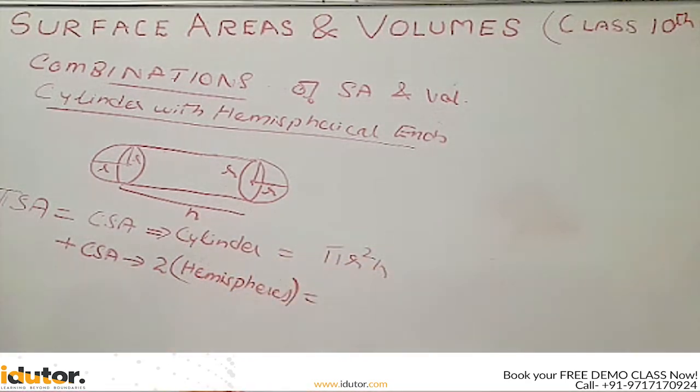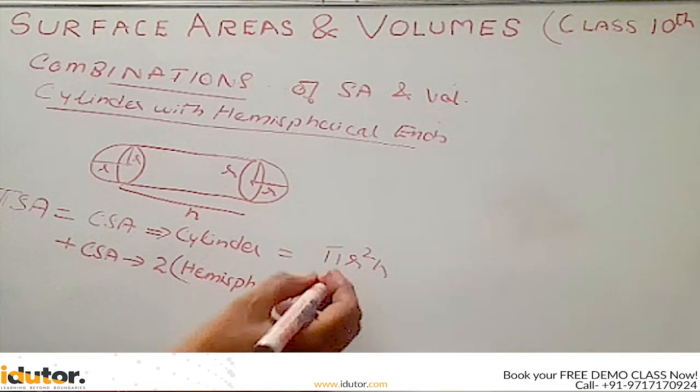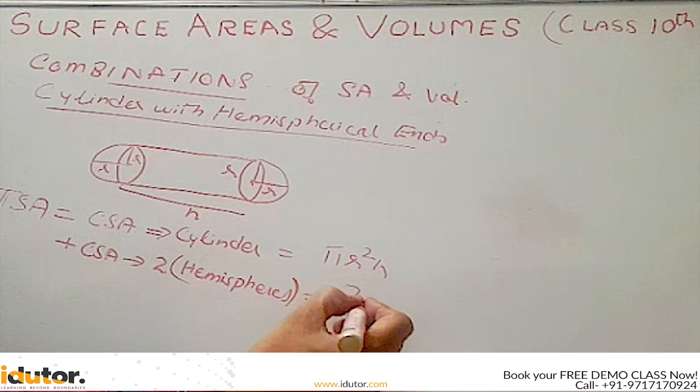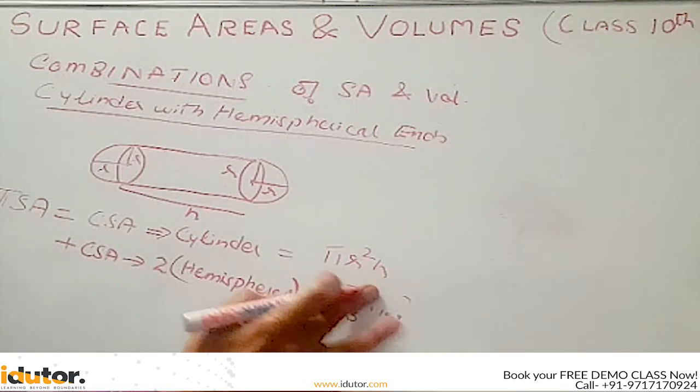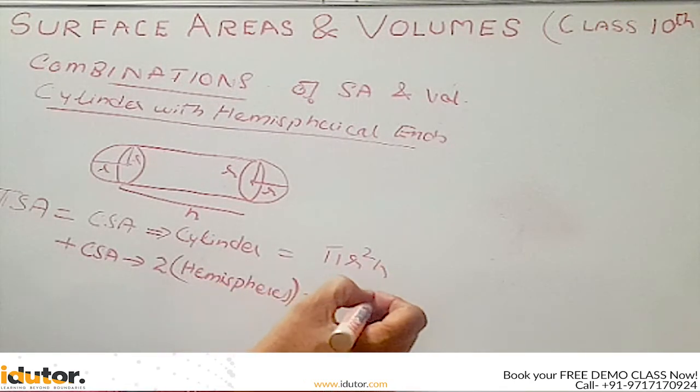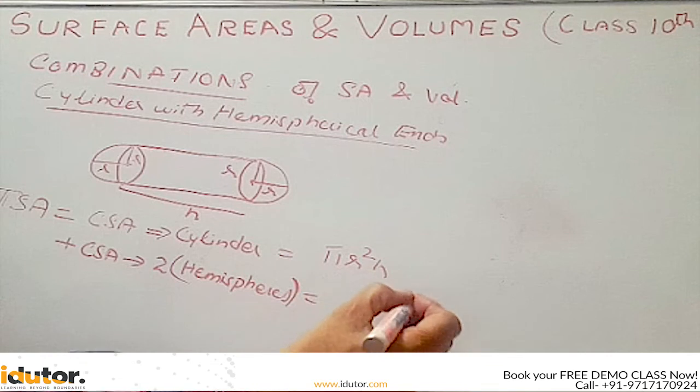And the CSA of these particular hemispheres is 2 pi r square each. Because we have two of them, I am multiplying 2 by 2 pi r square, so we get 4 pi r square.